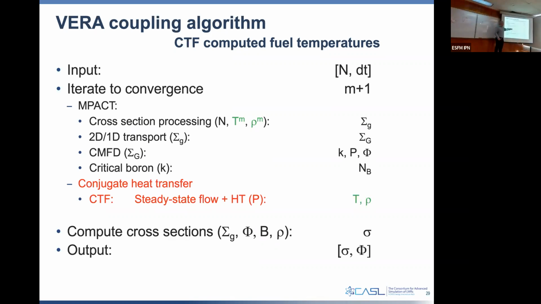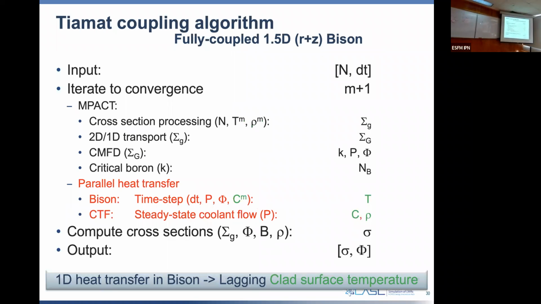And so now CTF manages it entirely. But we added some more work to it, and so it slowed CTF down a little bit. But the overall iteration scheme didn't change at all by going from an interpolated table to an actual model. When we put in that 1D, which I'm calling 1.5D, that's the traditional name for it.